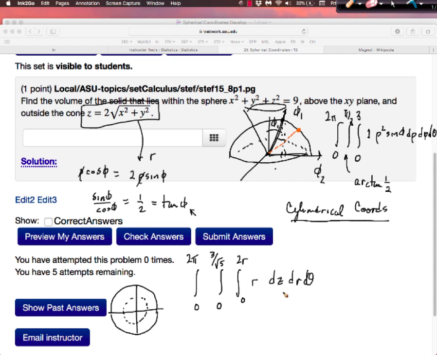So dz means we're shooting the arrow from underneath up, right? First, where does it enter? z equals 0. Where does it pierce out of this solid? It depends at what radius you are.